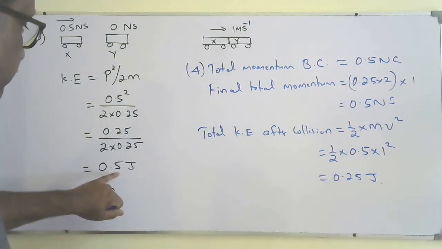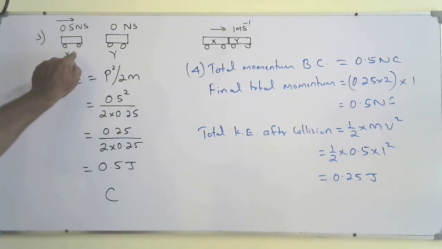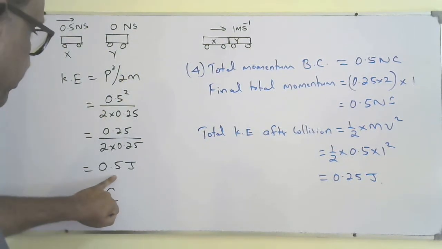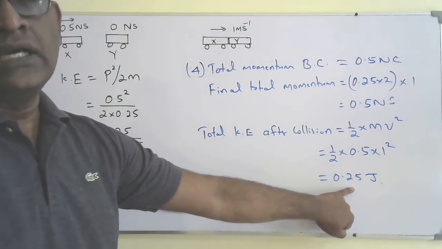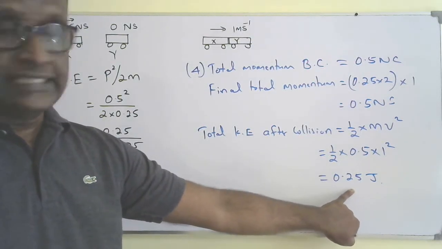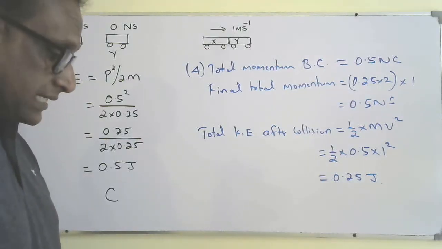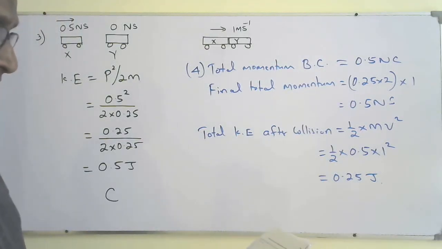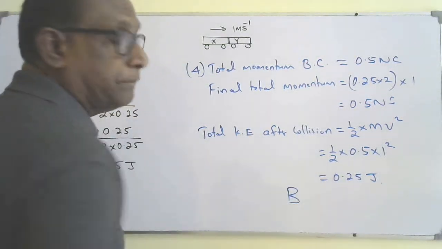Total kinetic energy before collision is 0.5. Total kinetic energy after collision is 0.25. So kinetic energy is not conserved. Momentum is conserved, so answer B. It is an inelastic collision. So question number 4, answer B.